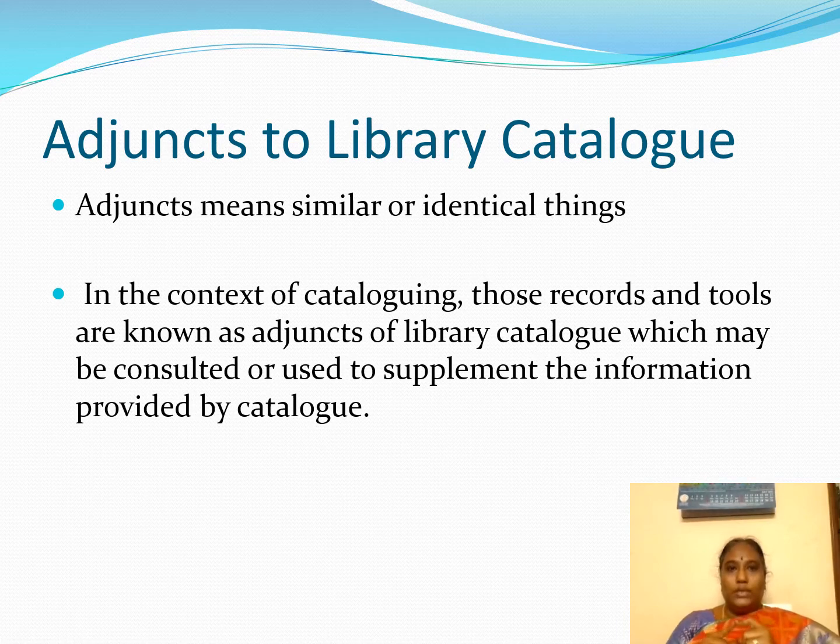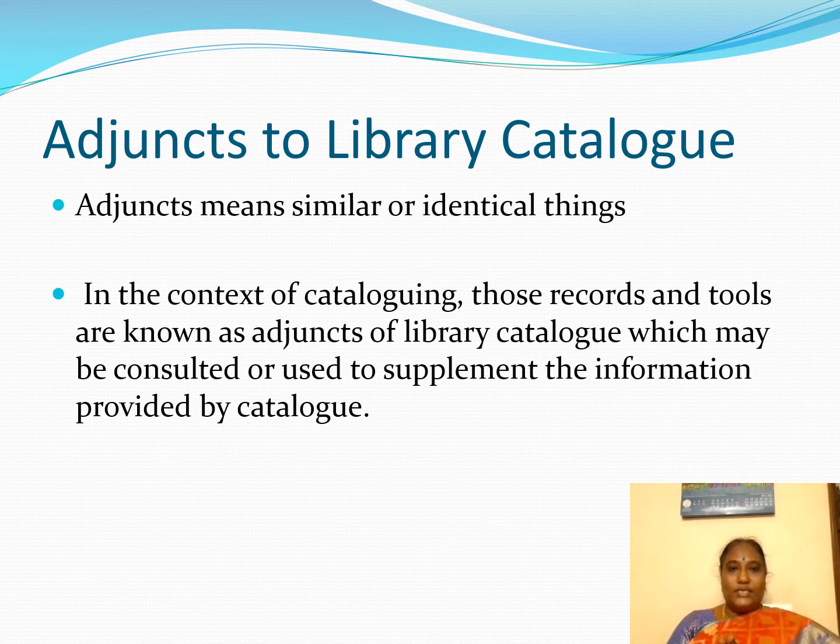Adjuncts means similar or identical things. In the context of cataloging, those records and tools are known as adjuncts of library catalog, which may be consulted or used to supplement the information provided by the catalog.